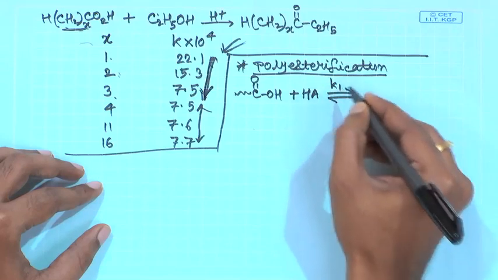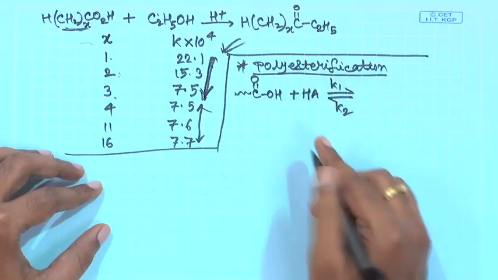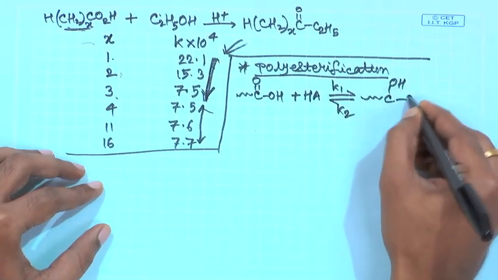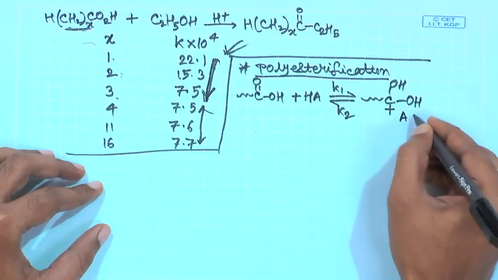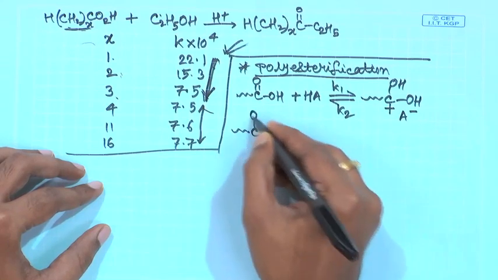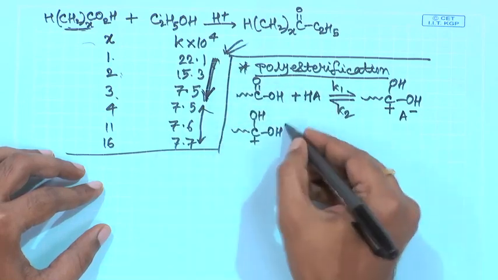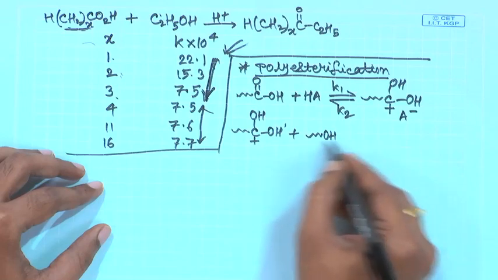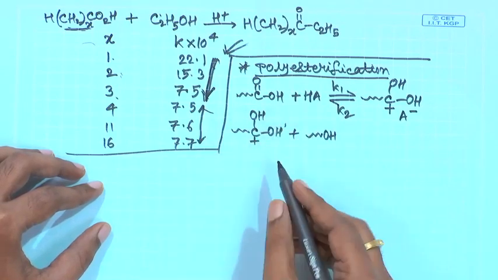So, these are typically reversible reactions, K1 and K2 are the rate constants of the forward and backward reaction. So, you will have something like this species and you have A minus. Now, this species can react with your alcohol. Now, when I am drawing this wavy line, that means it may not be your monomer, it can be some kind of oligomer or polymer which has an OH at the end of it and that is reacting with this intermediate.